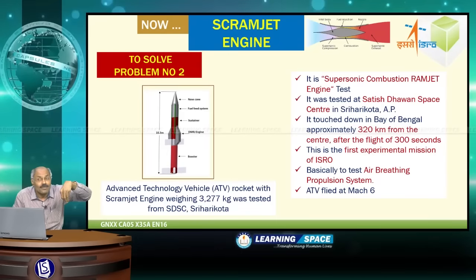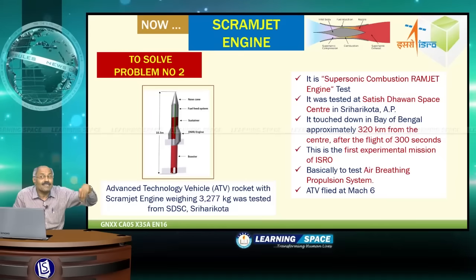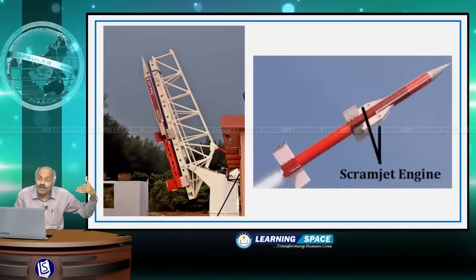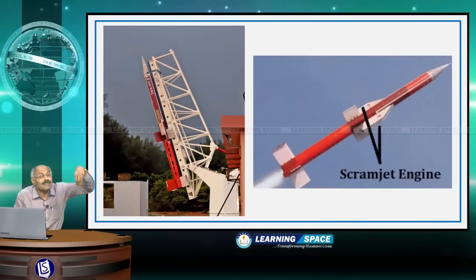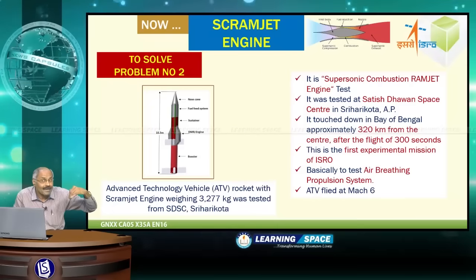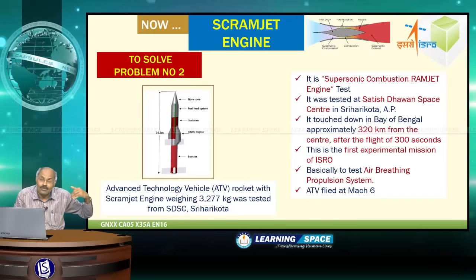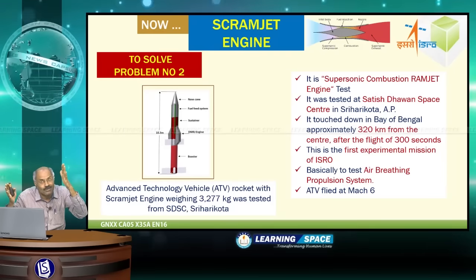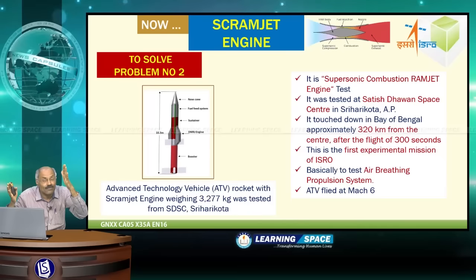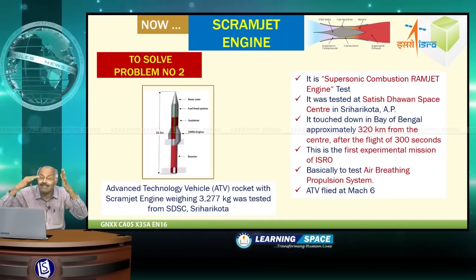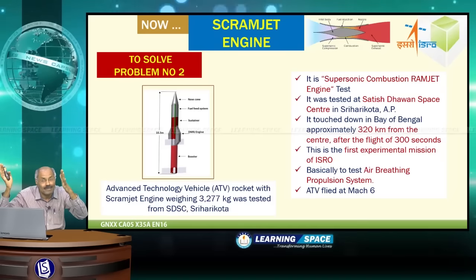in Sriharikota. This is basically to test an air breathing propulsion system, and this advanced technology vehicle flew at Mach 6. And what is Mach number? Mach number is related to the speed of the vehicle in comparison to the speed of sound. If the speed of the vehicle is more than the speed of sound, then that is categorized as supersonic speed.